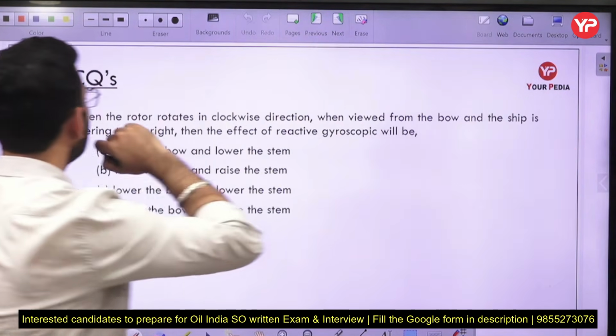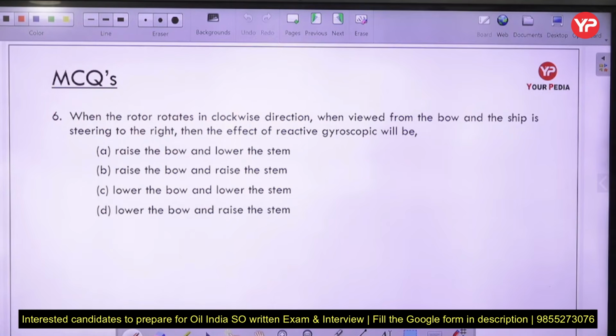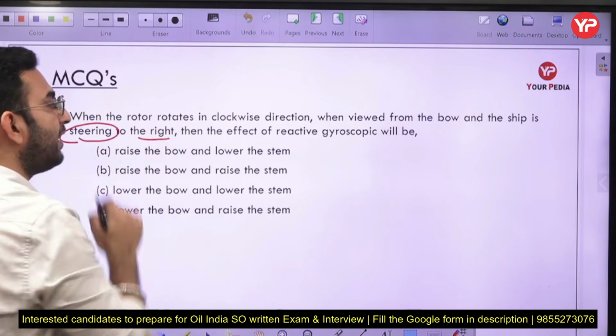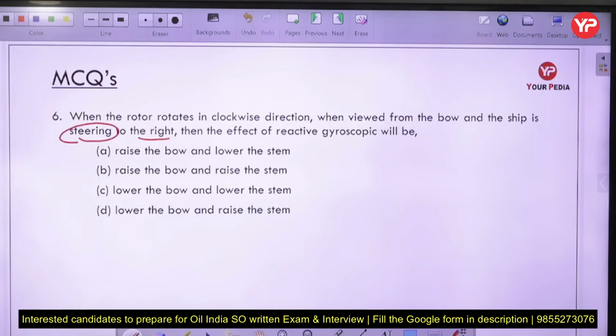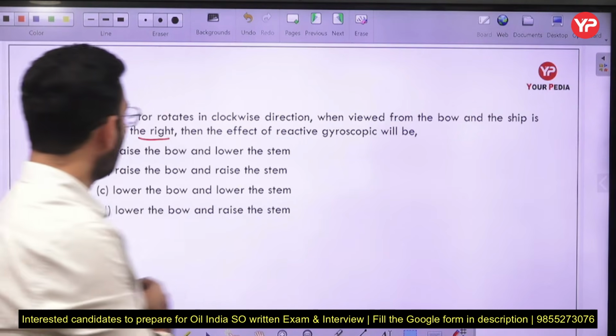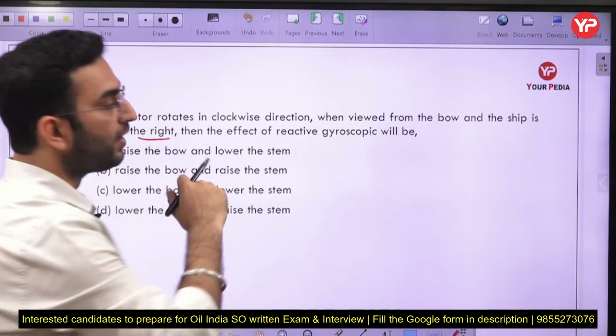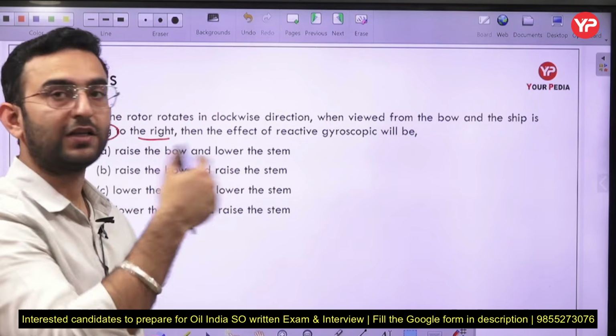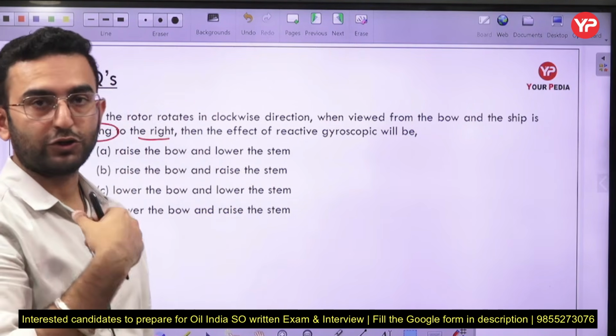Next part. When the rotor rotates in a clockwise direction when viewed from the bow and the ship is steering to the right, then the effect of the reactive gyroscopic couple will be. Now just see what is the meaning of this here actually. First of all, what is the bow here? Bow is representing the front portion of the ship, and the stern is representing the rear portion of the ship here.